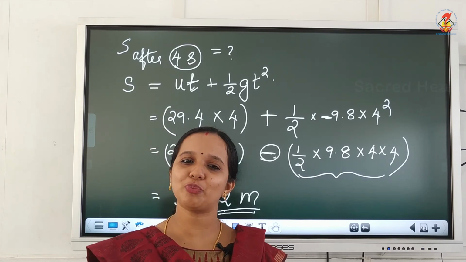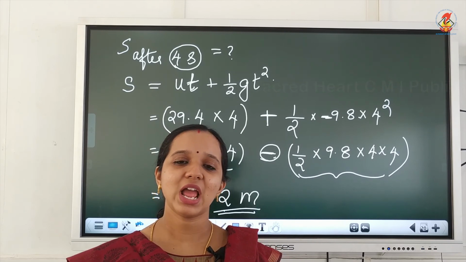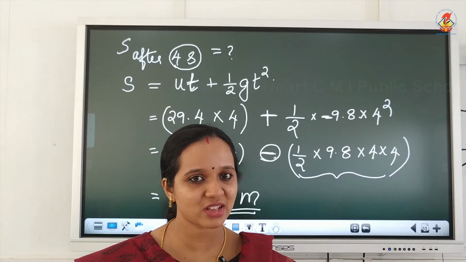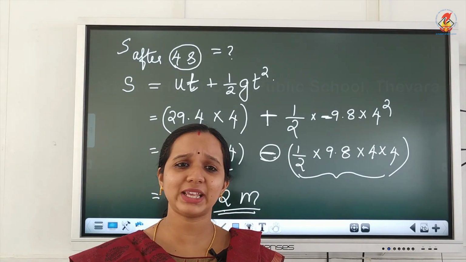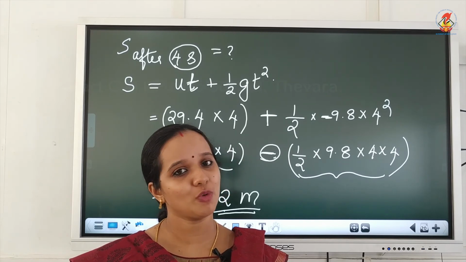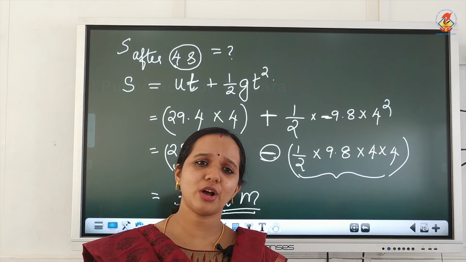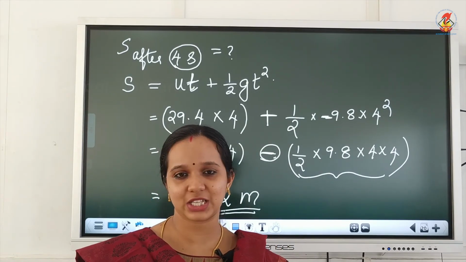Okay. So, these are certain problems based on equations of motion. V is equal to u plus gt, S is equal to ut plus half gt square, and v square minus u square is equal to 2gs. Steps are completely similar to the problems that we did in the first chapter, motion. Only thing is, instead of A, we need to substitute acceleration due to gravity, g.